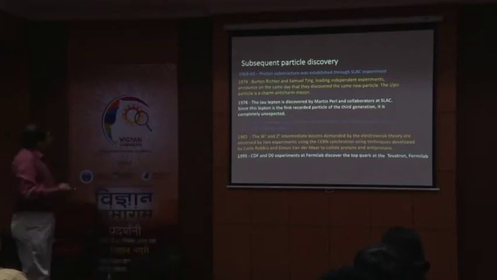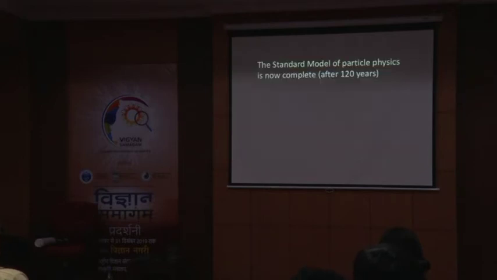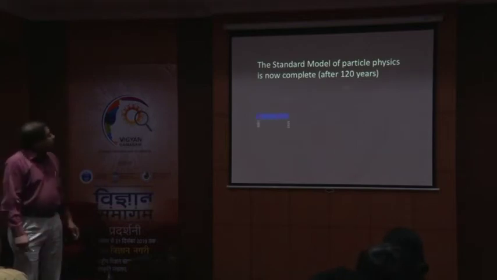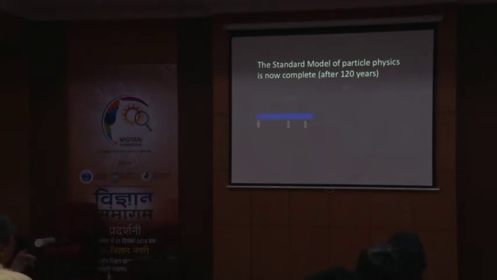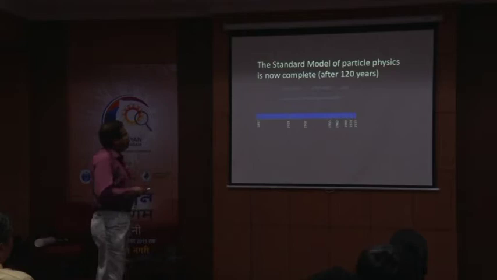Later, in 1995, the CDF and D0 experiments at Fermilab discovered the top quark, and that was the end of the particles. So this is the summary. You see the electron was the first, then the photon, then the muon, and this is what we know today after 120 plus years, all the particles that have been discovered.